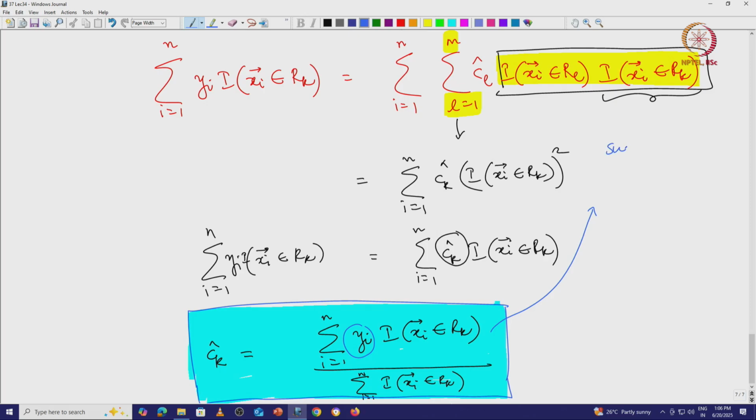So the numerator is simply the sum of the target variable for points in region Rk, and the denominator has an even simpler interpretation. It is simply the number of points in region Rk.